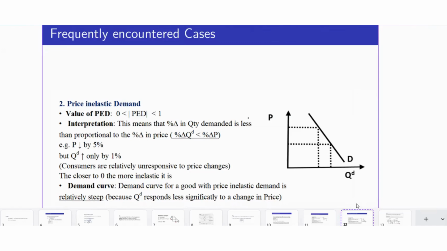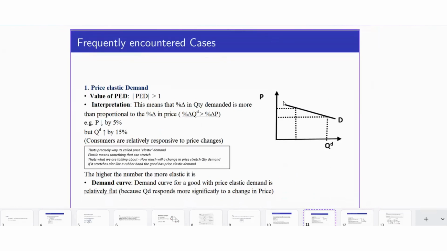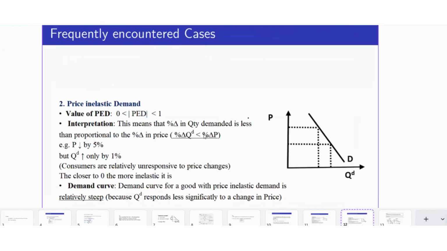And we were talking about the demand curve. For a good with price elastic demand, we said the demand curve is relatively flat because a given change in price results in a much larger change in quantity demanded. For a good with price inelastic demand, its demand curve is relatively steep because now a given change in price results in a much smaller change in quantity demanded, right? So if price, say, falls by this much, the increase in quantity demanded is less.